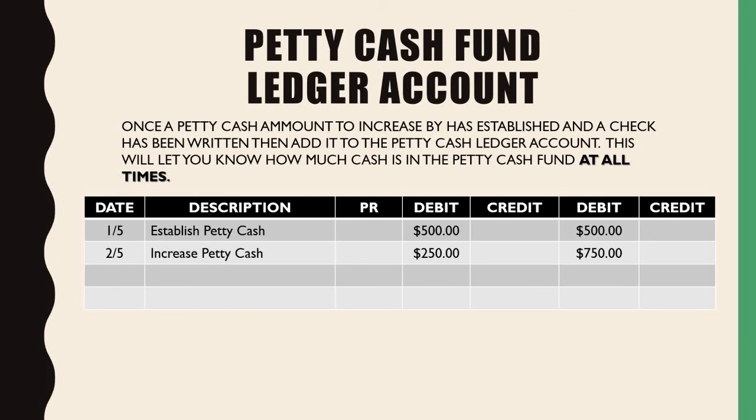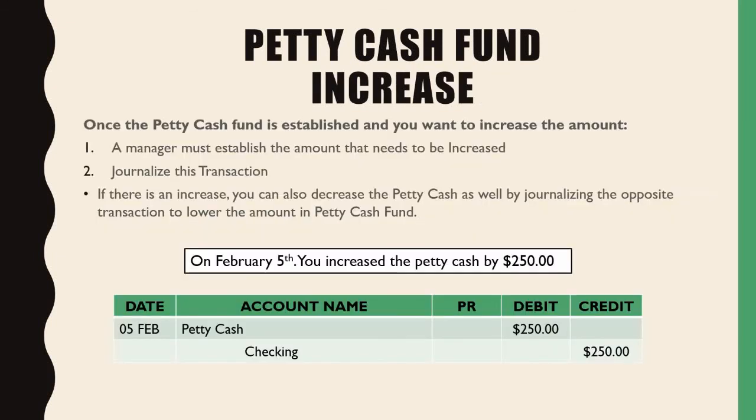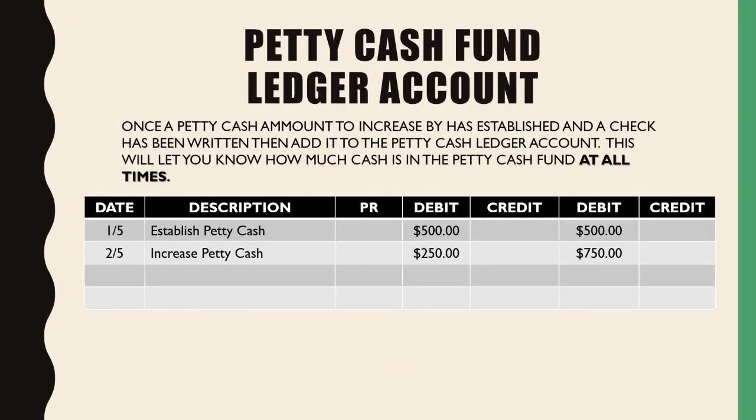So in this case, I established it at $500. Now I journalized it by increasing it by $250. So now in my ledger, it tells me that I should have a total of $750 in my petty cash drawer. Okay?